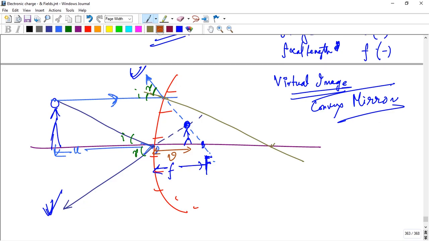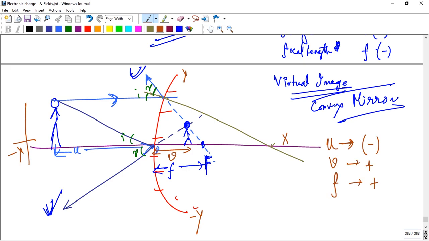You see that this is minus x, that is plus x, plus y, minus y. So u is minus, the object is on the minus side, image v is plus, focal length is plus. If there is an origin point here (0, 0), v and f are toward the right side, that's why they are in the positive x direction. Object height is plus and image height is obviously plus.